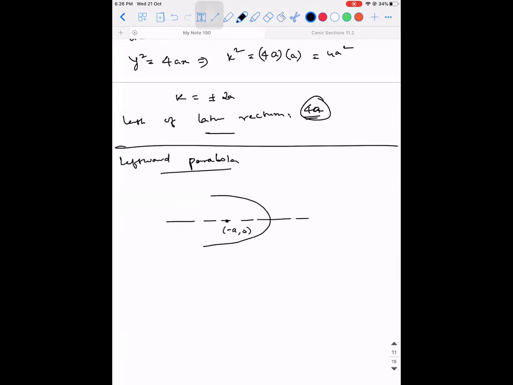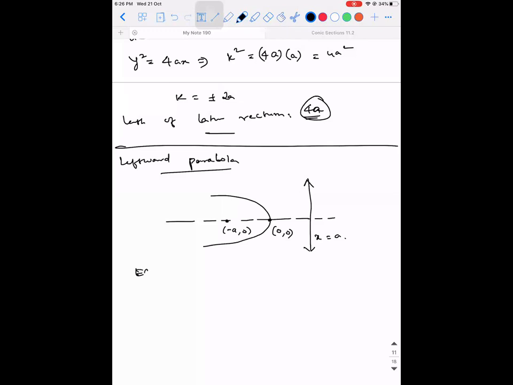The focus will be minus a comma 0, and the directrix will be x is equal to a. The vertex is still 0 comma 0. Because yesterday I told you one important point. What is it? With respect to a parabola, the focus will always lie on the concave side and the directrix will always lie on the convex side.